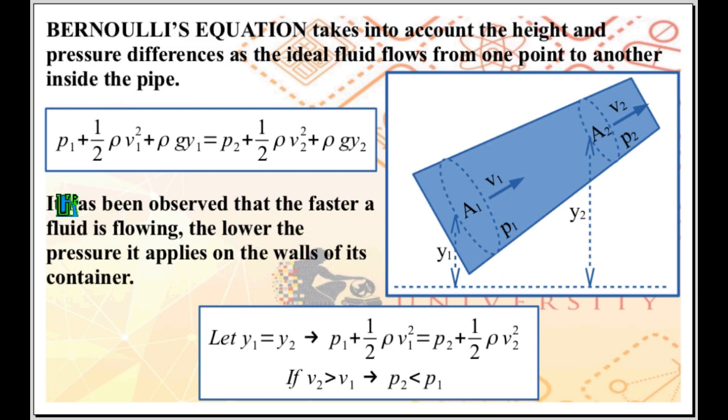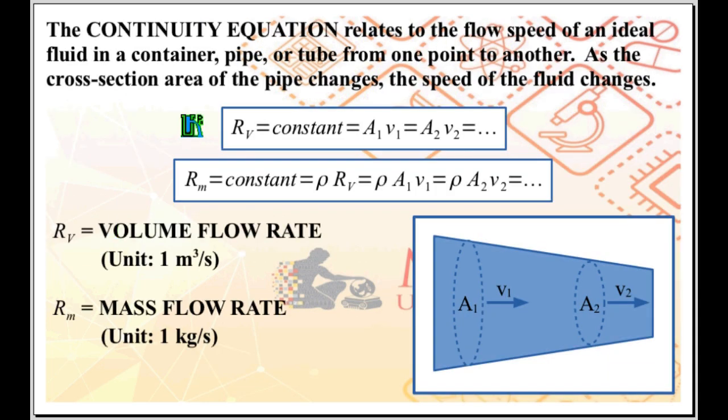Unlike in the previous slide wherein we have the pipe. If you look at the cross-section areas of the pipe, there is no height difference in the centers of the cross-section area of the pipe. The continuity equation only considers the cross-section area and the speed of the fluid at that cross-section area.